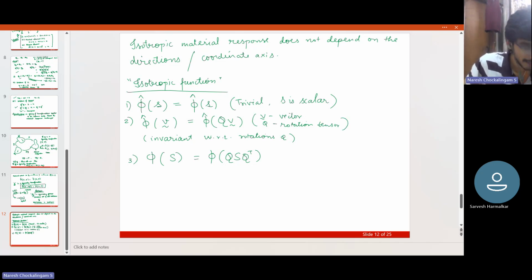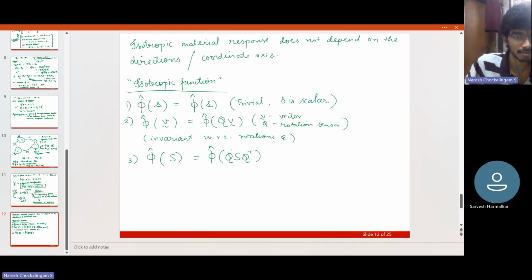Now similarly, if you have a tensor S, we know the tensors transform as q S q transpose. So if phi is an isotropic function of a tensor, then even if we rotate the tensor to some other coordinate system, we have to get the same result.